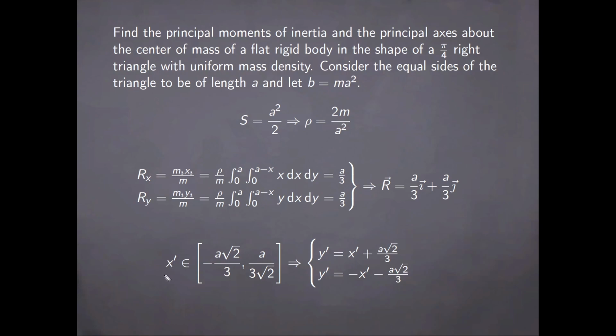And then along this new direction, the x prime value for the x coordinates of the points on the triangle will be in this range. And then what follows immediately is that the y coordinates of the points located on the triangle in this new coordinate system will vary between these two values.